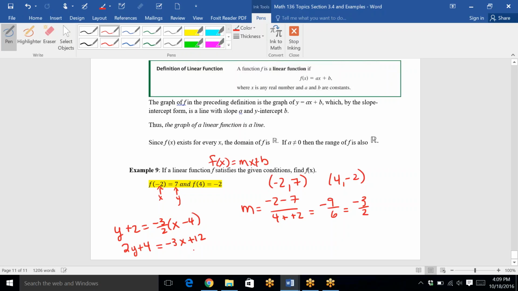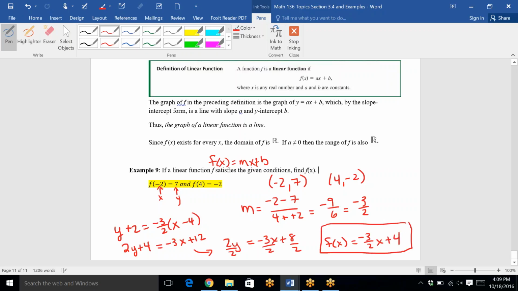So I need to subtract the 4 over and then divide everything by 2. And then instead of writing y, we write f of x for the y. So that'd be negative 3/2 x plus 4. And that completes the 3.4 extra examples.